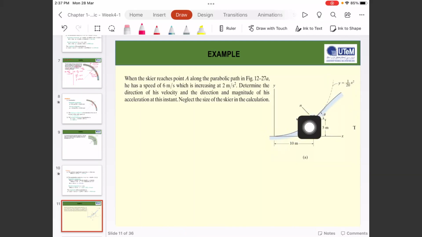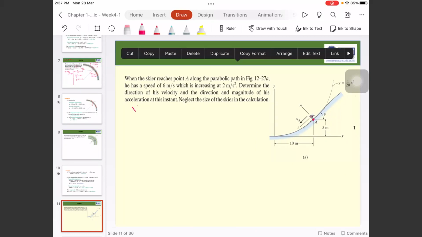So at the instant pada A ni, location A, he has speed V of 6 meter per second, which is increasing at 2 meter per second squared.